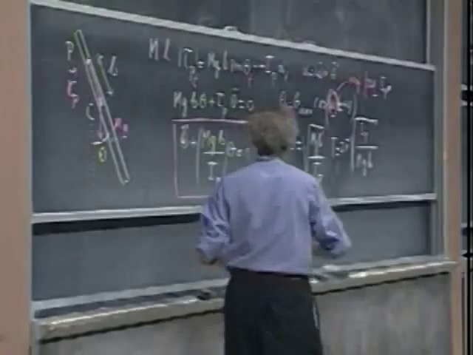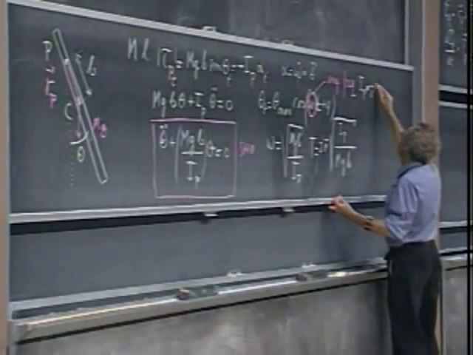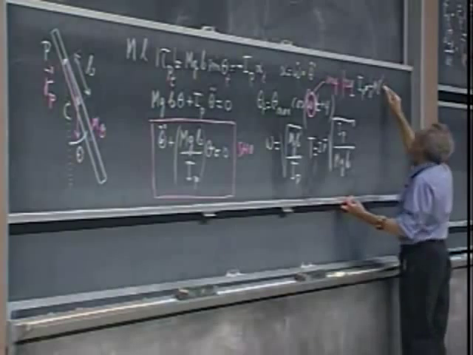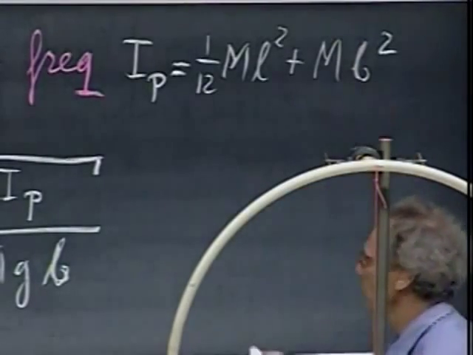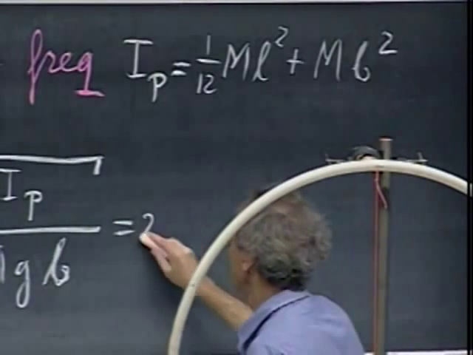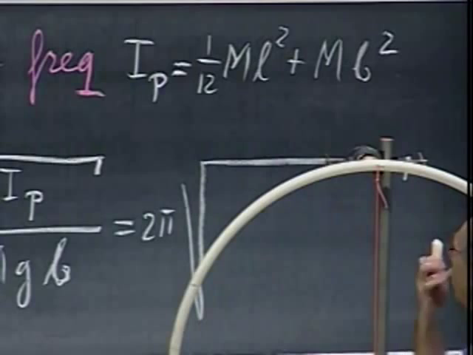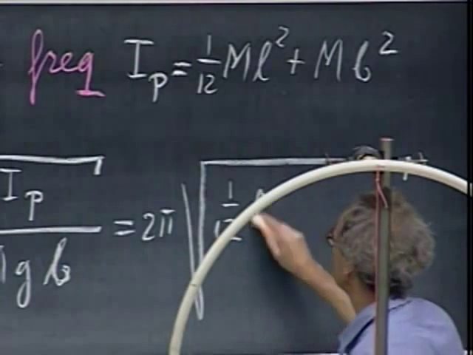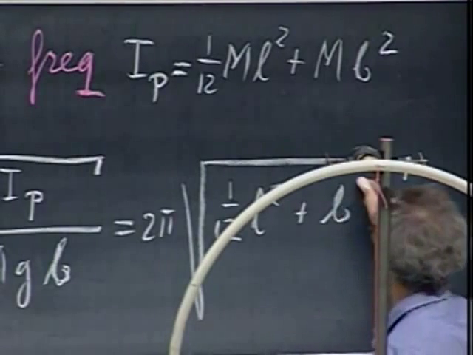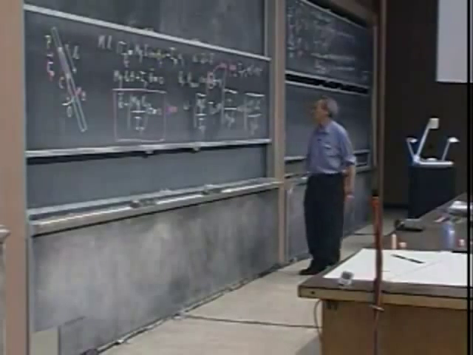We did something similar there. So this is 1/12 ml squared plus m times b squared, parallel axis theorem. And so now we find that the period is 2 pi times the square root of 1/12 L squared plus b squared, divided by g b.